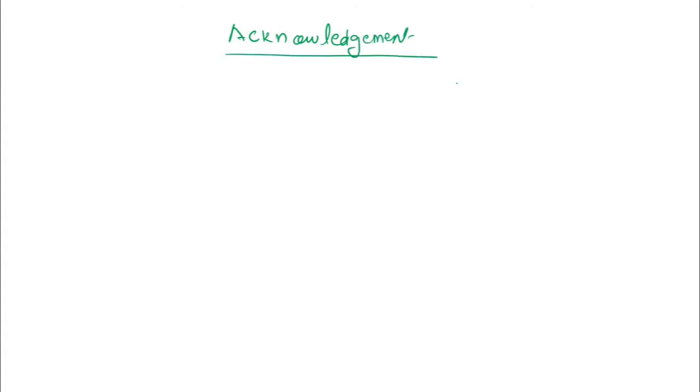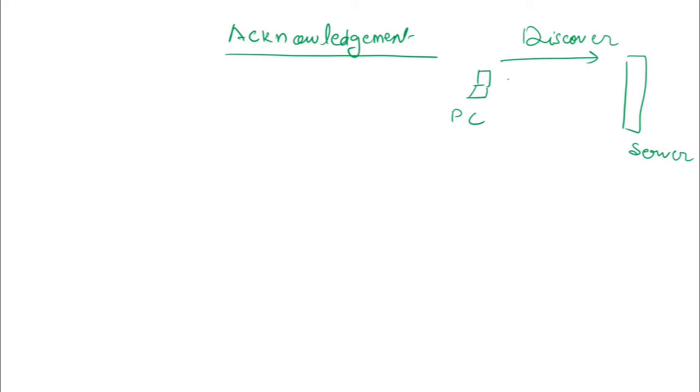So let's revise once again what we have just learned. The first message is discover. It tries to discover the server. Then the server replies back with the offer that this is the IP address I want to assign you.